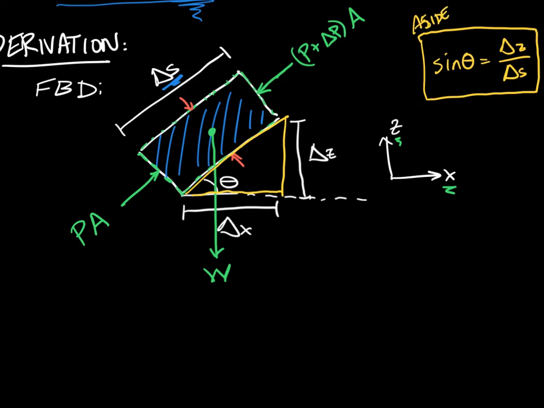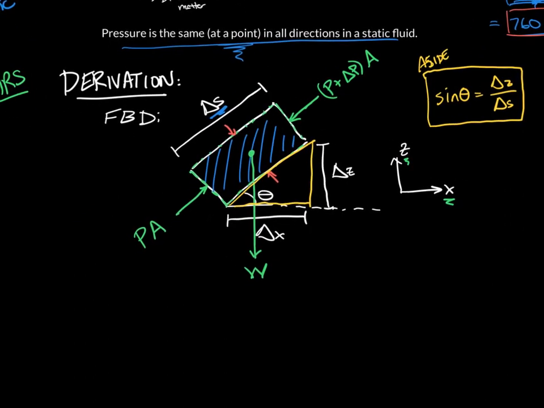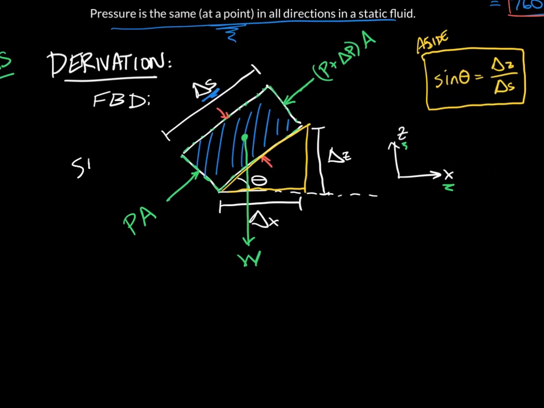Now we should note this derivation is for a static fluid. If it's a static fluid, that means it's not moving, so the acceleration is 0, which means the sum of forces in any direction, in this case the s direction, equals 0.